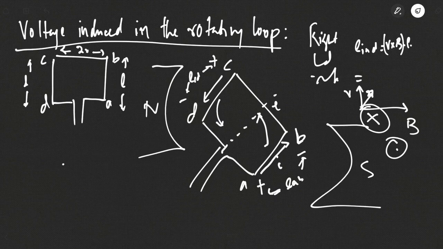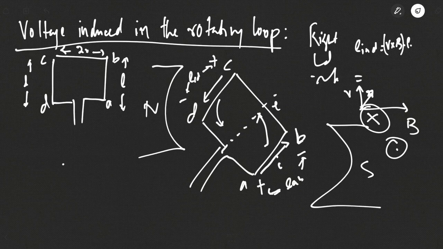On the other hand, in the segment BC, BE is under the influence of south pole, EC is under the influence of north pole. So half of the segment is under the influence of south pole, half under the influence of north pole. Also the length of this conductor is perpendicular to V cross B. So in the dot product, the angle between V cross B and L is 90 degrees.